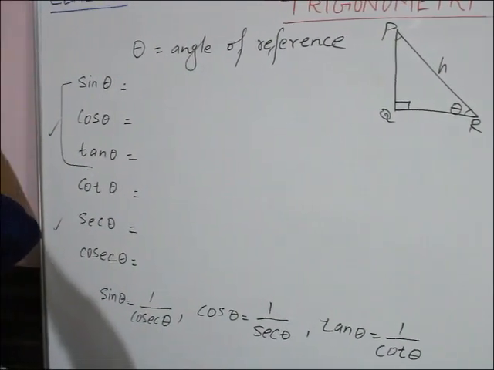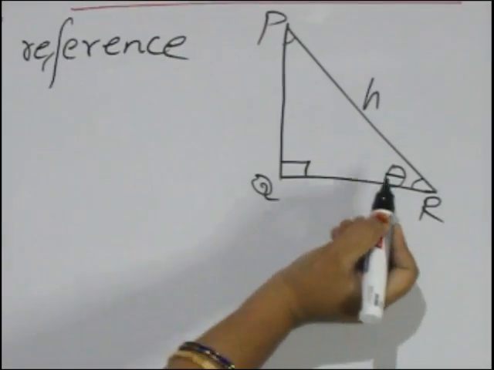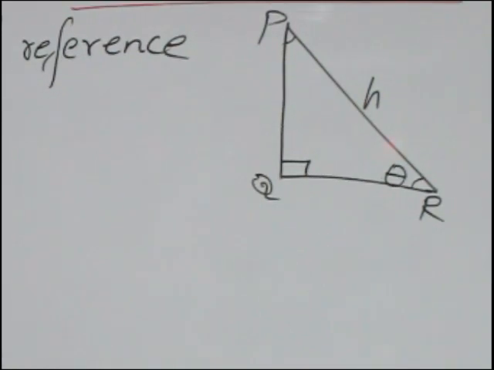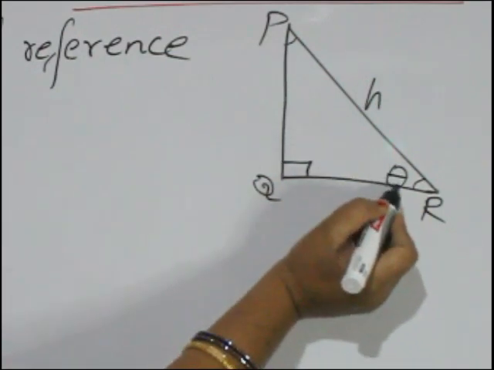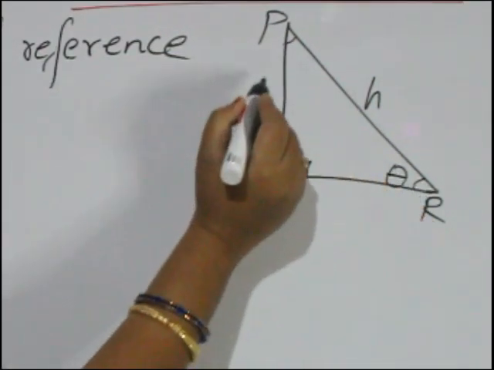So for sin theta, theta is the angle of reference. We know the side opposite to the angle of reference is the perpendicular. Theta is the angle of reference, and its opposite is PQ.